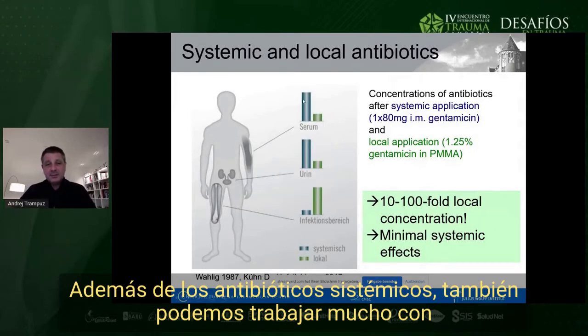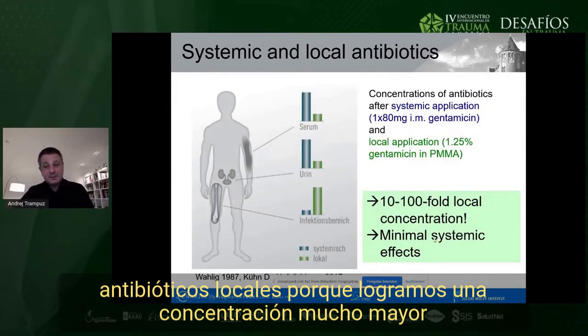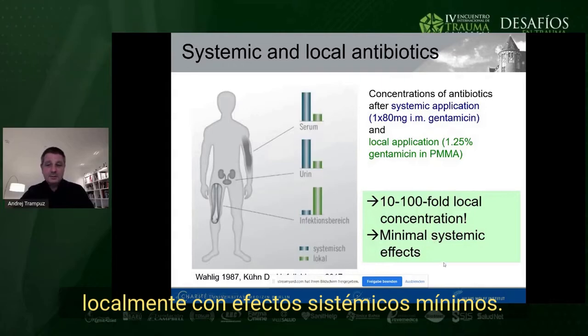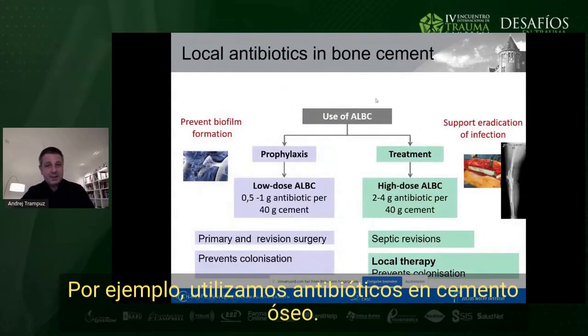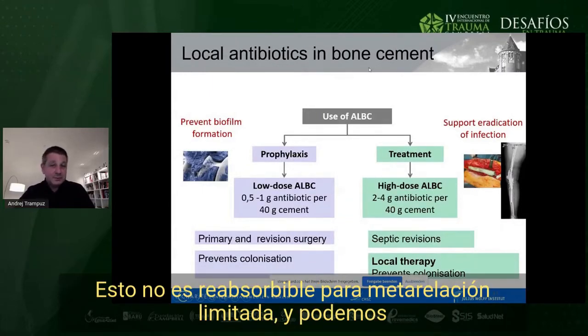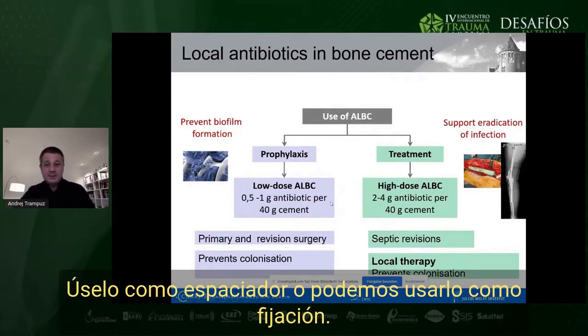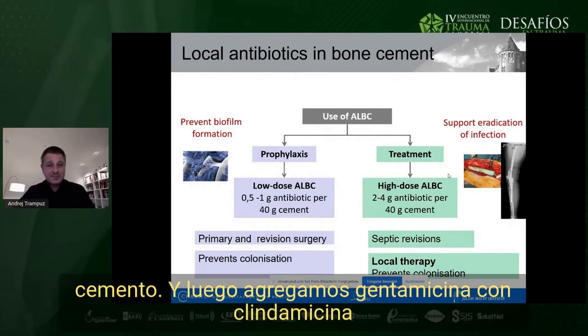Besides systemic antibiotics, we can also work a lot with local antibiotics because we achieve much higher concentration locally with minimal systemic effects. For example, we use antibiotics in bone cement. This is non-resorbable polymethyl methacrylate, and we can use it either as a spacer or as a fixation cement.